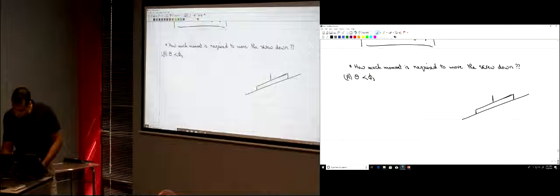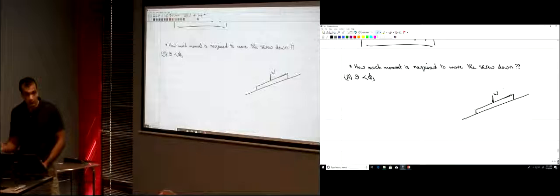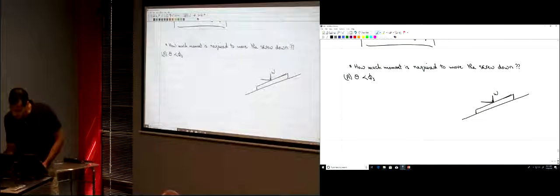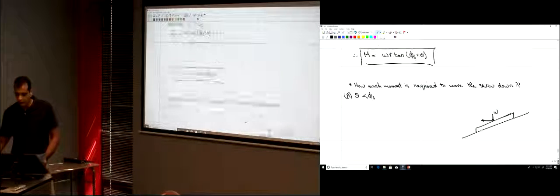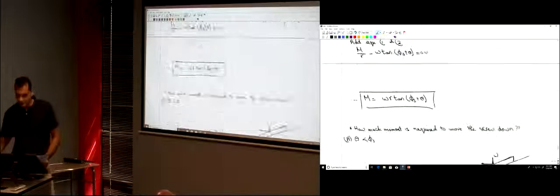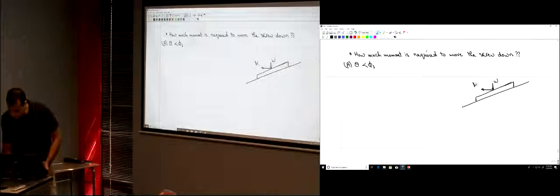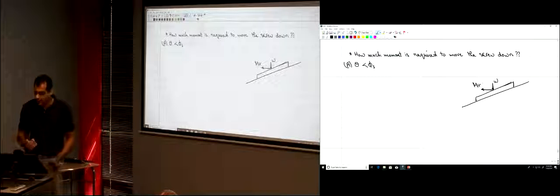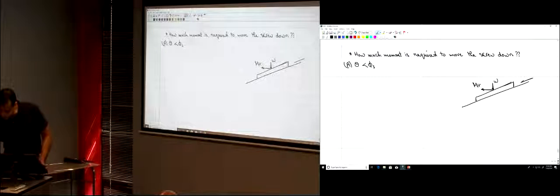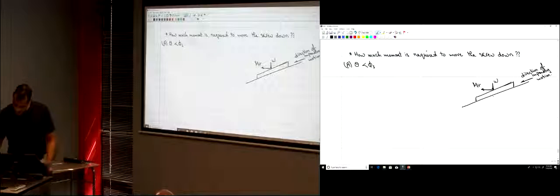That is the force W. And now the only thing that changed is the direction of M divided by R. It became the opposite direction. And now the direction of impending motion: you want to move this down. And then again here we have this force N.